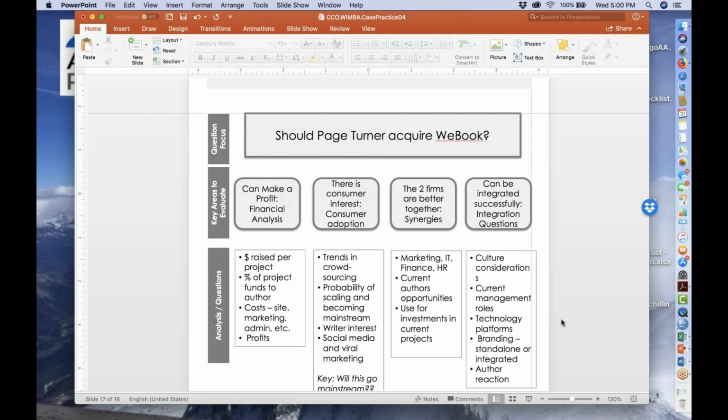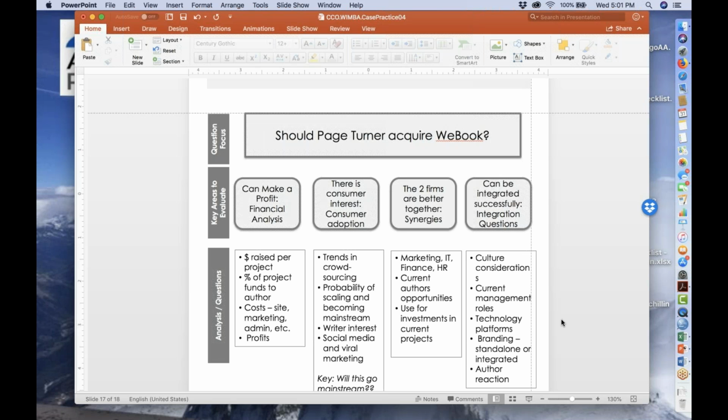Is this something that could go mainstream? Are there market trends that would make sense? Is there a marketing plan? And then this idea of synergies generally. Would the two firms be better together than each would be independently? However you want to think about what those synergies would be, you could put those together.